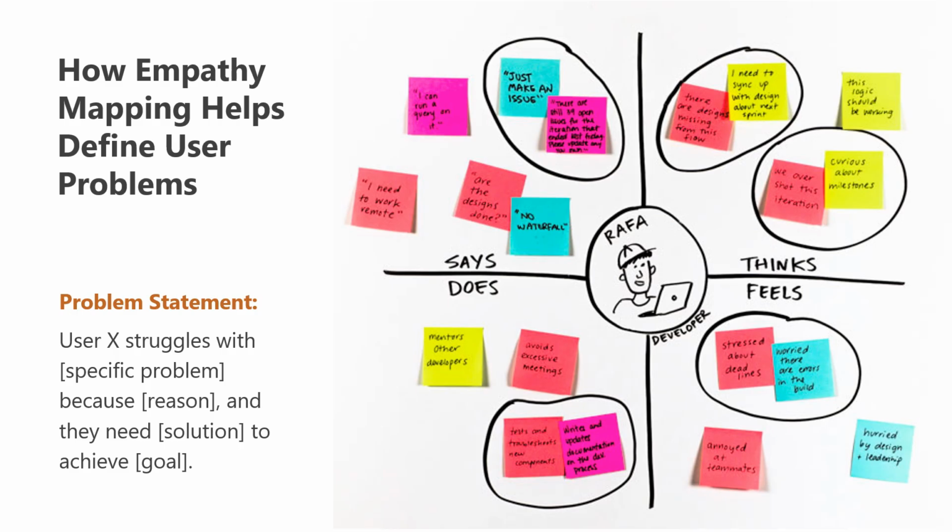For example, if we were designing a fitness app, we might define a problem like this: Jane, a busy college student, struggles with maintaining a workout routine because her schedule is unpredictable, and she needs an app that provides quick, flexible workouts to stay active.